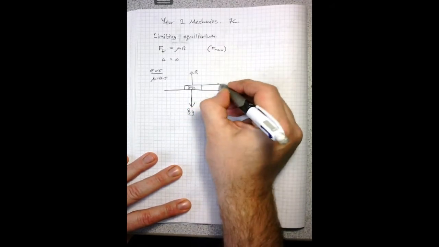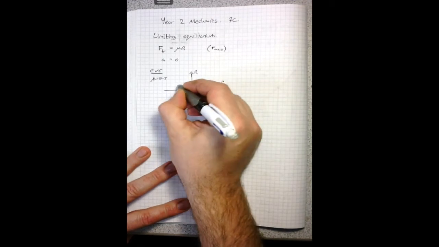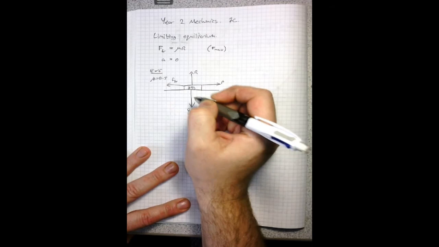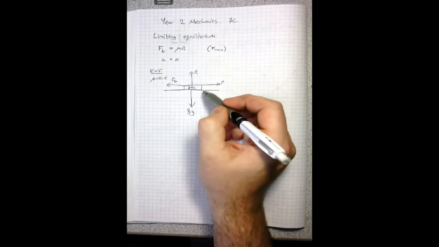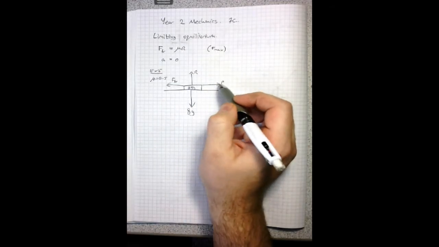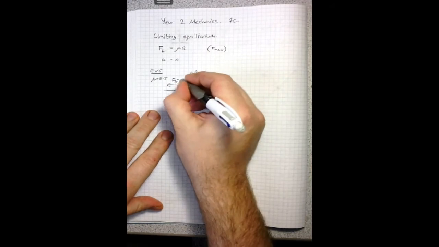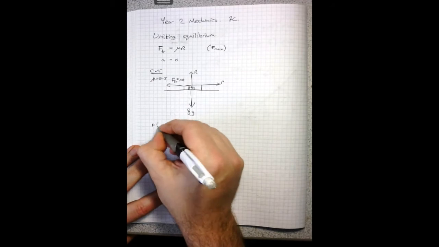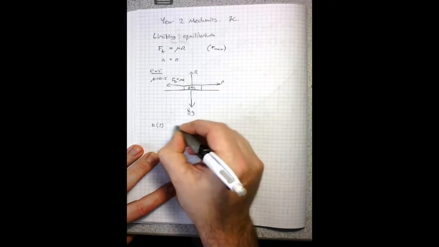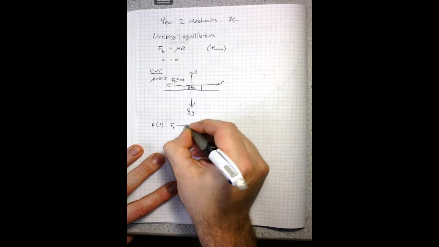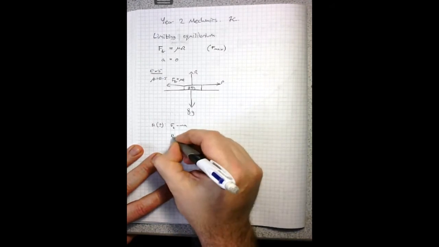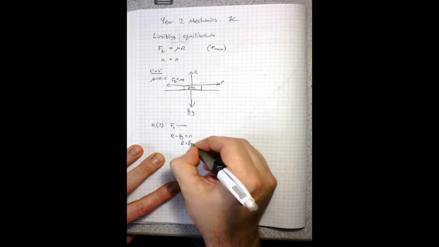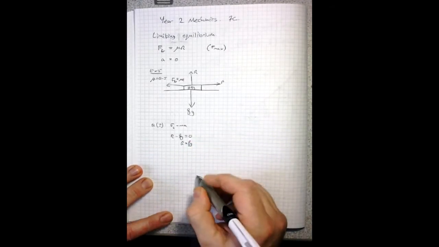So, first of all, let's set P horizontally. Remember, friction always opposes motion, and because I want to be in limiting equilibrium, I want the maximum value of P, I can set friction straight away to mu R. Okay, so let's resolve vertically. Remember, that means apply Newton's second law. R minus 8g equals 0, so R equals 8g, which is a common sense result.